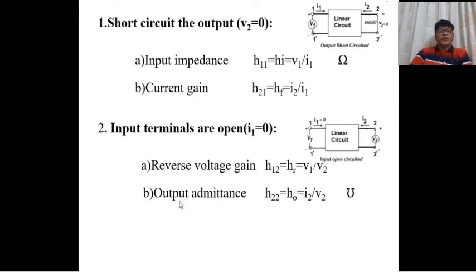And from equation 2 we can calculate the output admittance. Output admittance is equal to H22 is equal to Ho. Ho is output admittance, and therefore I2 by V2. So the ratio of output current to the output voltage can be measured in terms of mhos. So in this way we can simply calculate the 4 parameters H11, H21, H12 and H22.